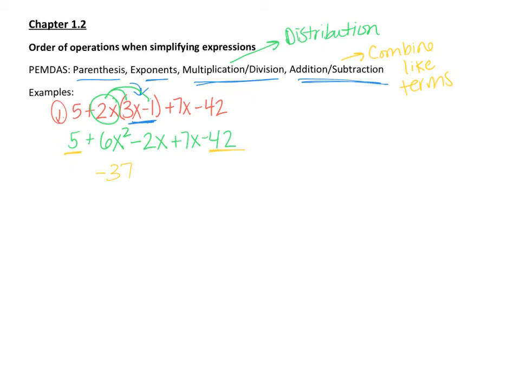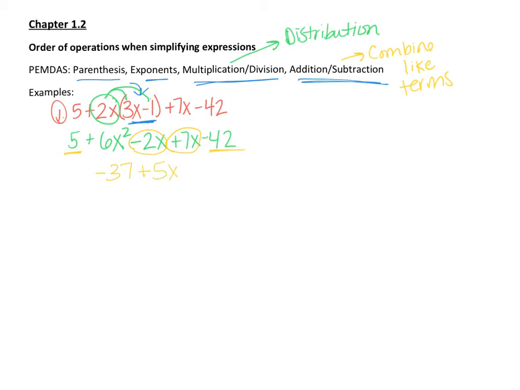Then we look and see if there's anything else that we could add or subtract or combine like terms with. I see a negative 2x and a positive 7x. Combining those together, either as negative 2x plus 7x or 7x minus 2x, doesn't matter. I'm going to end up with a positive 5x.